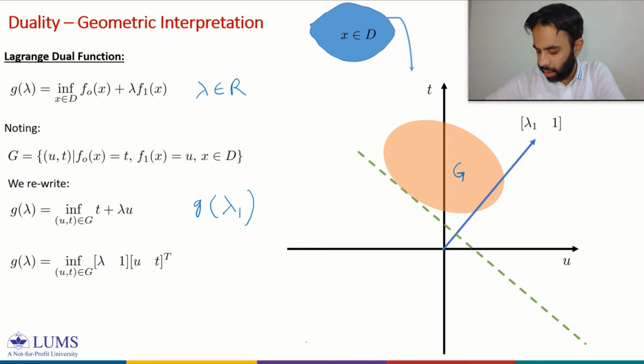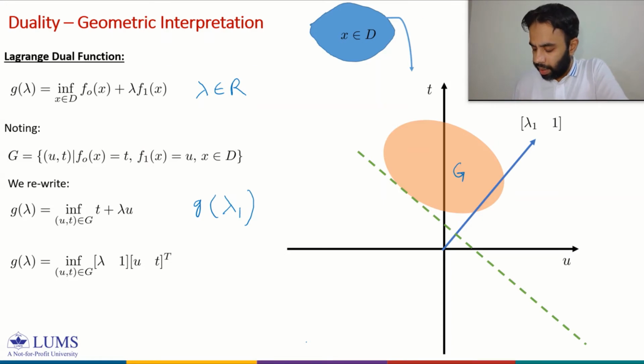This hyperplane, or this line, indicates all the points for which the inner product of lambda 1 with the point in the ut plane is constant, right? And so we want to slide this green line as far as possible in the direction of the negative of this lambda 1 vector, such that we remain in the set.